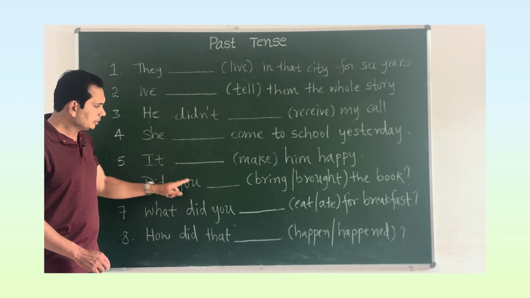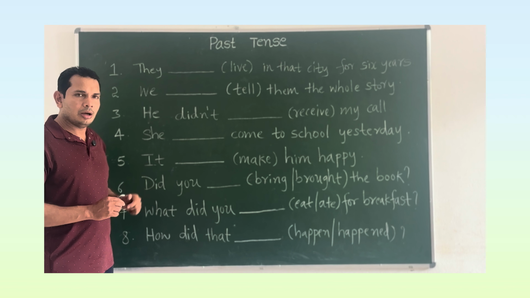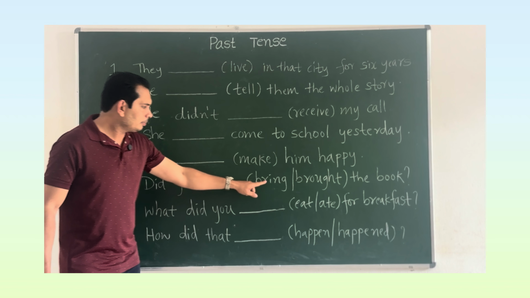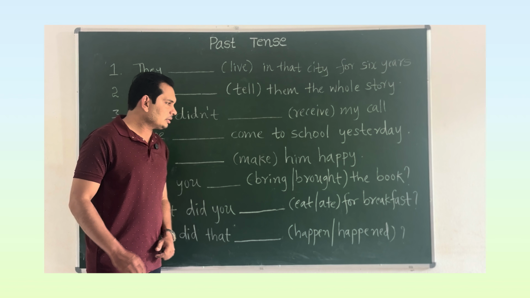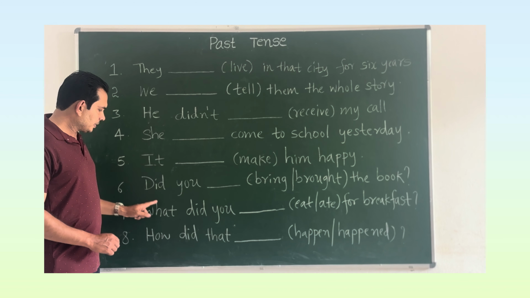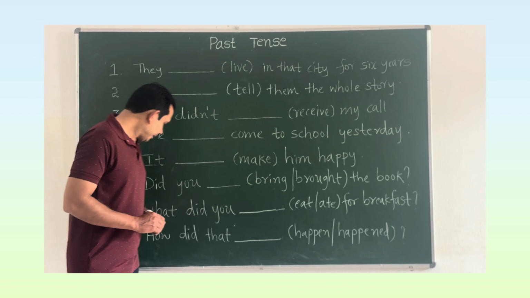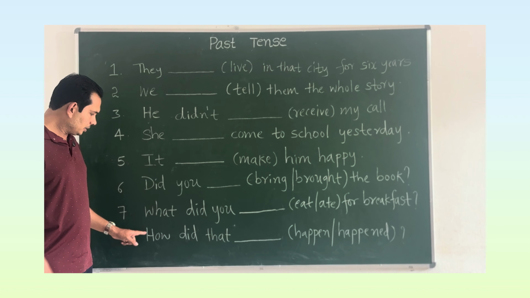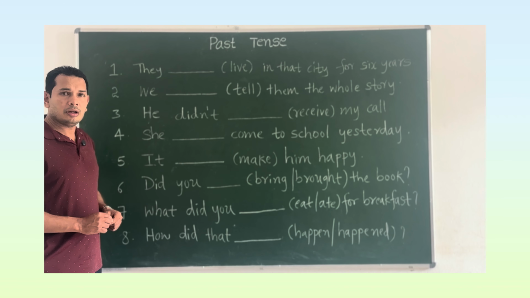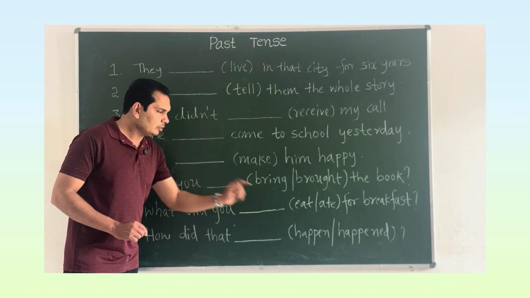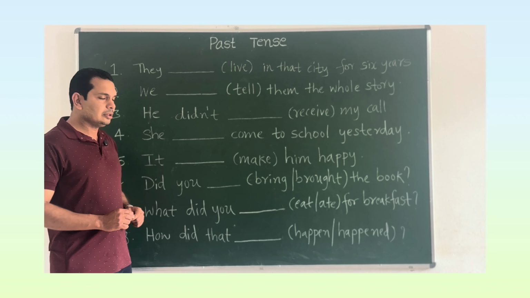Question number 6. Did you dash the book? Bring or brought. Bring is the base form of the verb. Brought is the past form of the verb. Next question. What did you dash for breakfast? Eat or ate? Last question here. Question number 8. How did that happen or happened? You have to write the correct form of the verb.